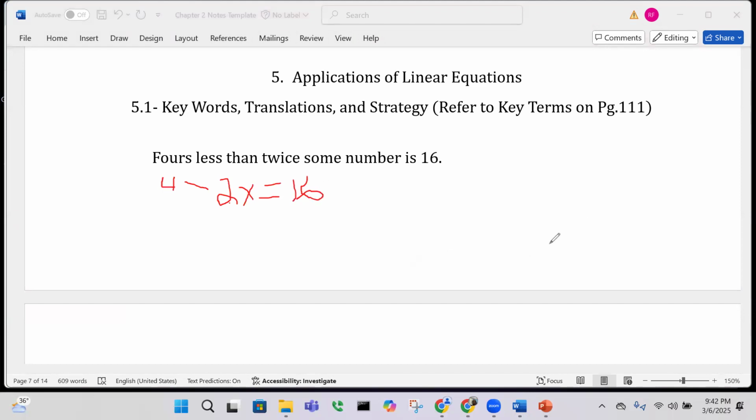This is how I see a lot of students doing this problem, because the 4 is in front. 4 less means we need a minus 4. Less than twice the number, so twice the number is 2x, and take away 4 is 4 less than twice that number, and that's equal to 16. That's the way you have to envision that problem. 4 less is a negative 4.